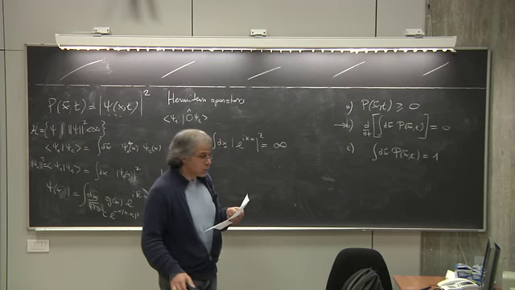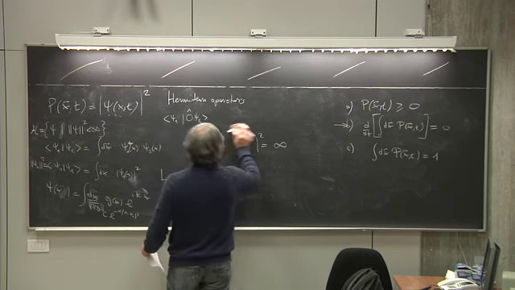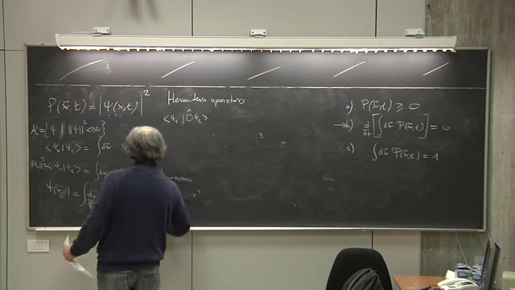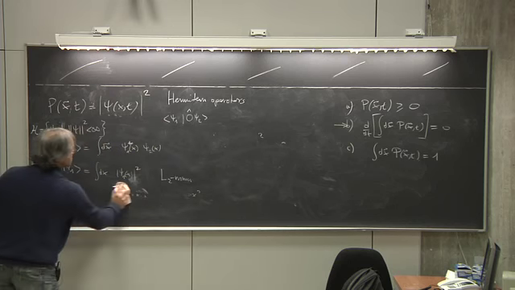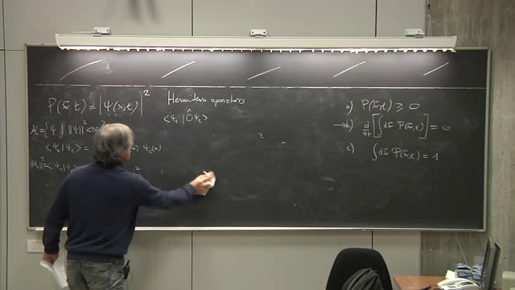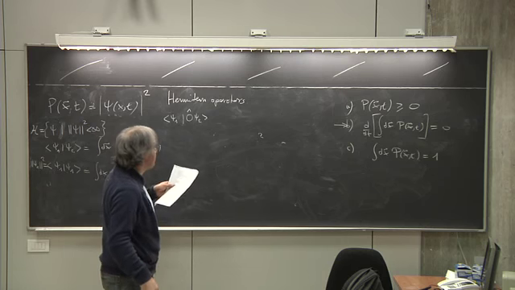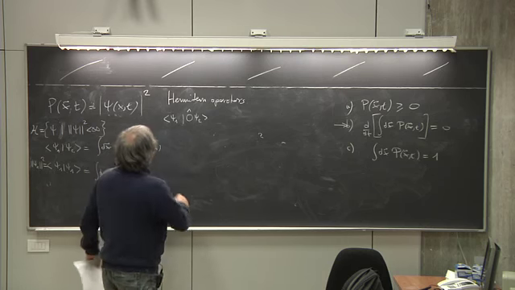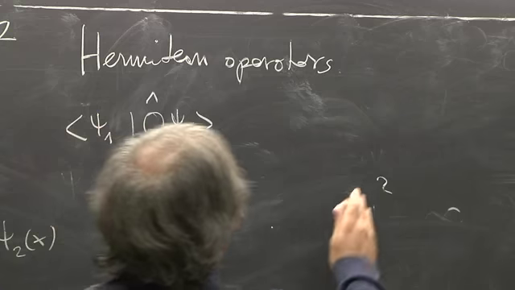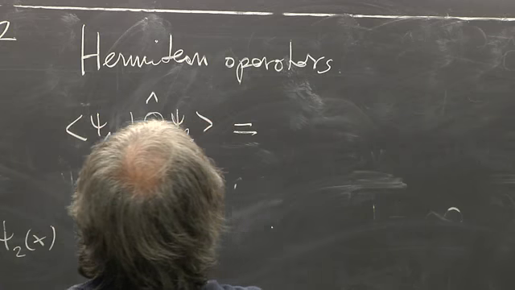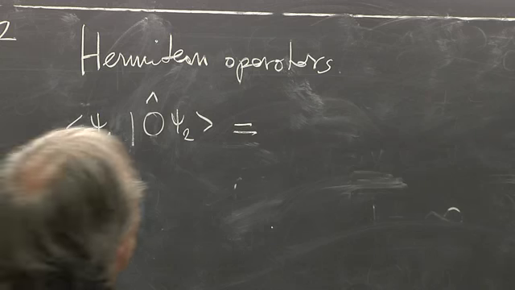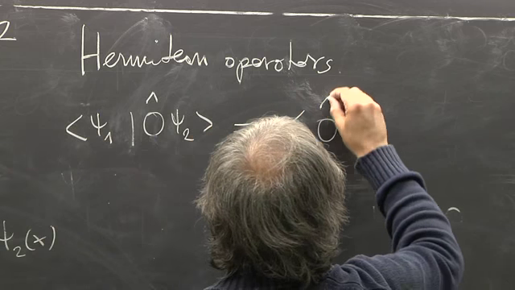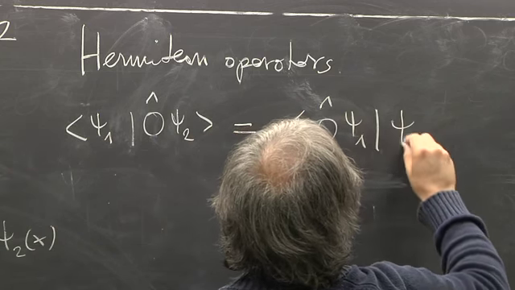All right, so let's go back to the definition. The operator is said to be Hermitian if, when acting on the right-hand side of the scalar product or acting on the left-hand side, it's exactly identical.